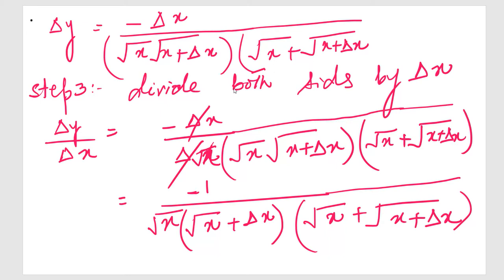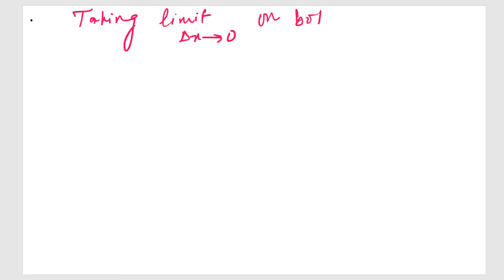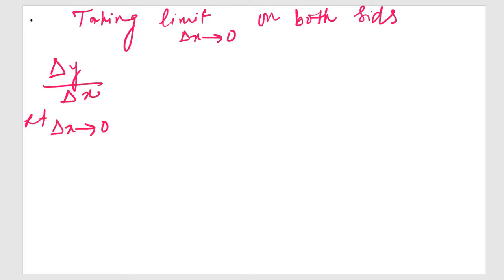Now we cannot solve it further, so the last step is to apply the limits. So taking limits, I can write here, taking limit delta x tends to 0 on both sides of the equation. So here we have delta y over delta x, and limit delta x tends to 0.